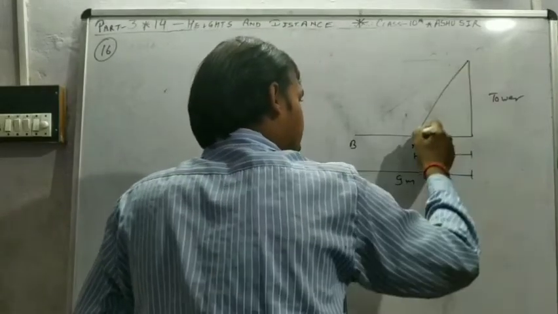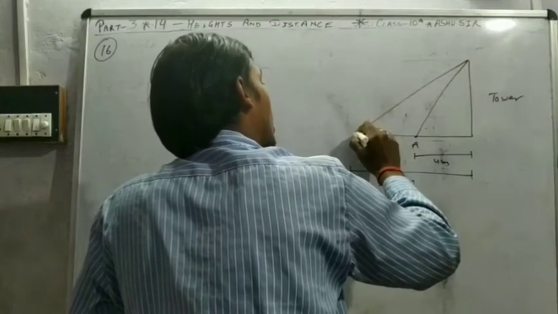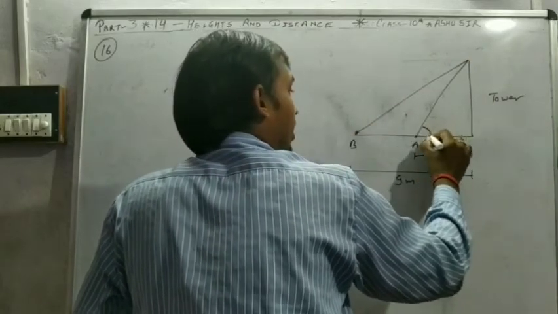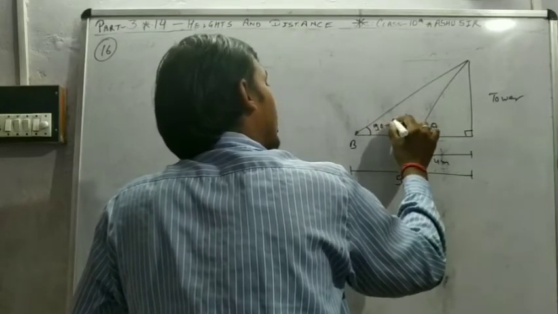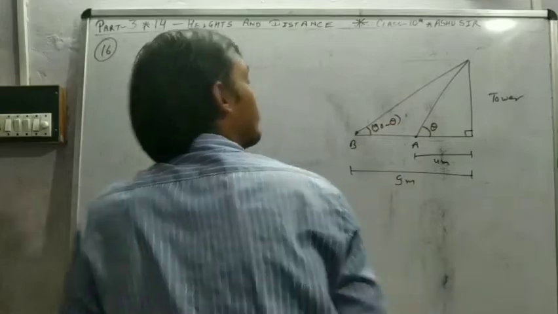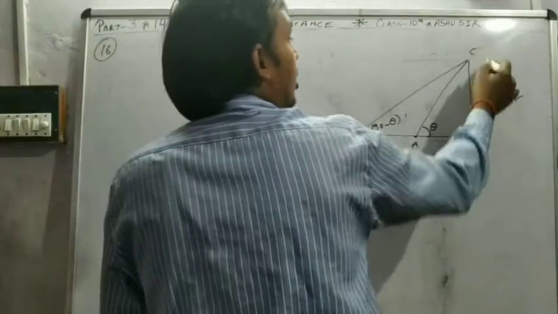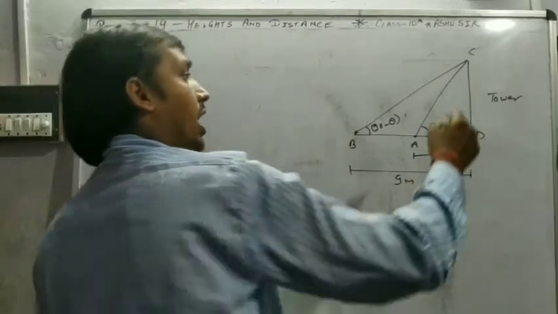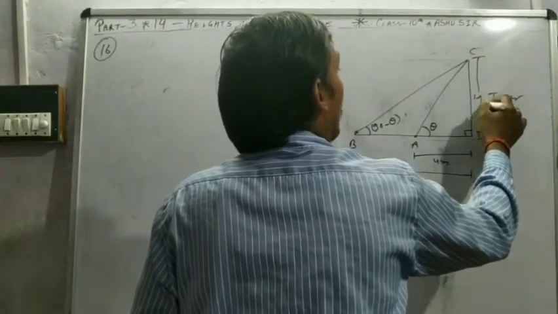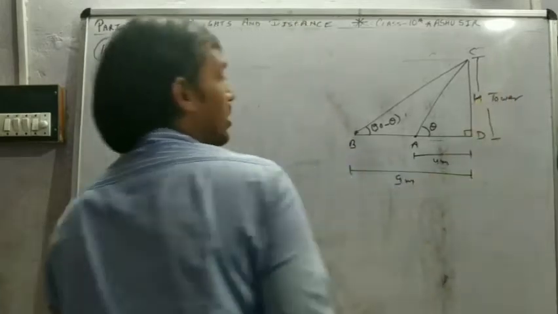The angles of elevation are complementary, means if you take here theta, then this is 90 minus theta. This is the logic of complementary angles. So find the height of the tower, or you can say prove the height of the tower is 6 meter.